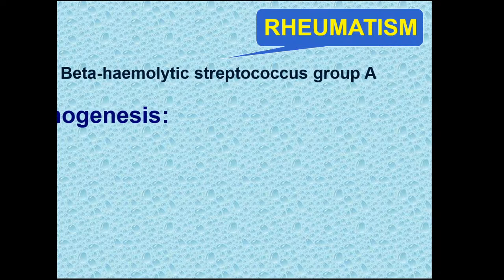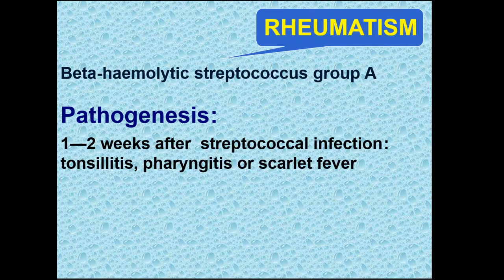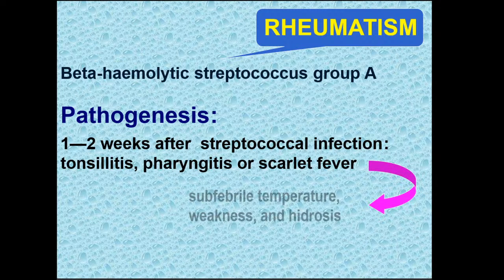As a result, after some weeks, streptococcal infection, which may primarily manifest with inflammation of the tonsils and pharynx, or in younger age scarlet fever, the patient will be treated for this infectious process.